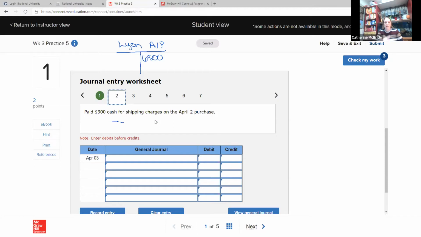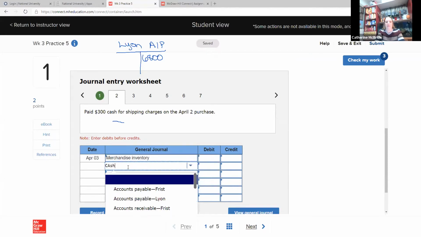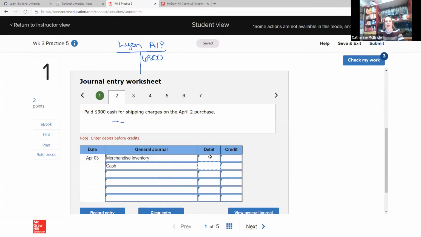So that means this $300 that we just paid for shipping gets included in the cost of the inventory, because it's going to sit on the balance sheet until we move it to cost of goods sold. So the interesting thing about this is we can obviously see we're paying cash, but we're actually going to increase inventory for this. And we'll pay the cash.